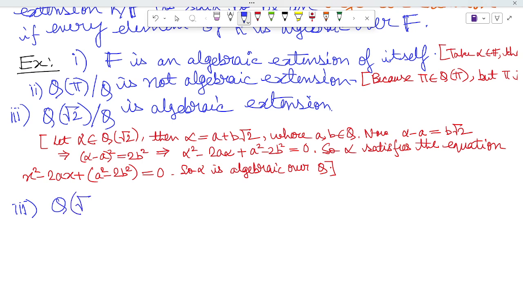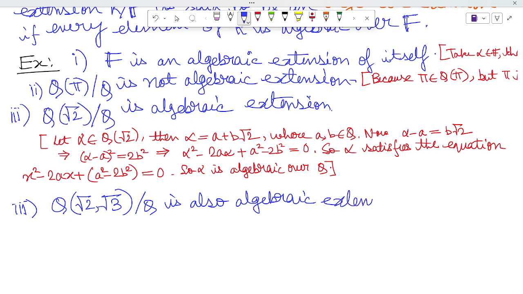Again, whatever Q root 2 comma root 3 over Q, you can show in a similar manner is also an algebraic extension.